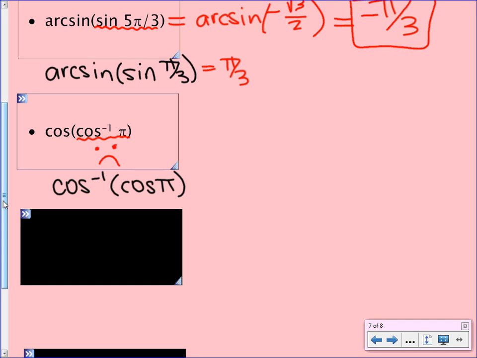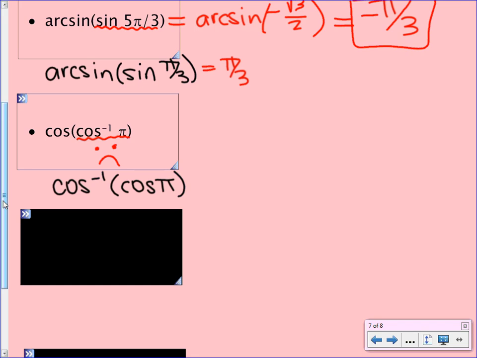Is pi okay to plug into inverse cosine? No, that's not okay. Your inputs, so what you put into the function, need to be negative 1 to 1. What you get out needs to be between the range values.